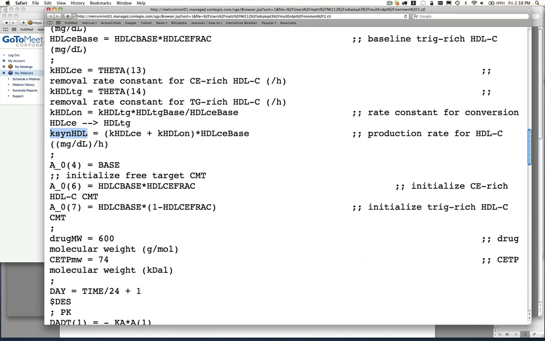Okay, and we looked here at the initialization. I've also defined in here the molecular weight for the drug and the molecular weight for CETP.